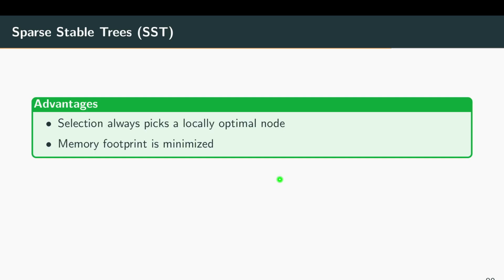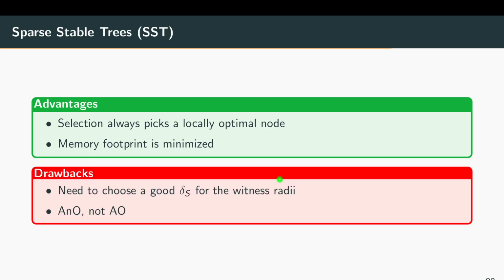Okay. So this algorithm is actually quite good. It picks locally optimal, and it has a low memory footprint. The hyperparameter tuning can be quite tricky actually. It's really something you have to play around with on a case-by-case basis.